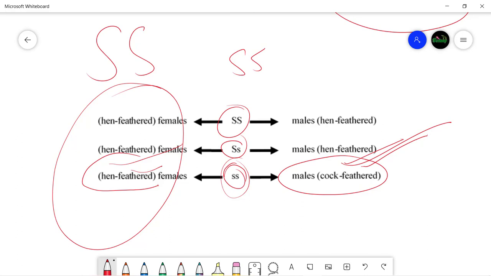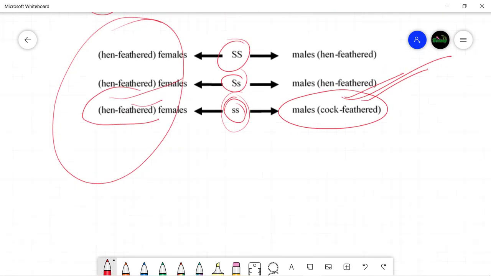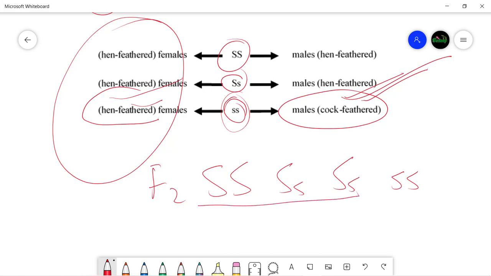So this was a very basic example, and you can make a cross yourself. Just let me quickly show you the F2, for example. If we make the selfing F1, we get S S, S s, and s s. So all these three individuals, as you can see, will be hen feathered, male and female both.